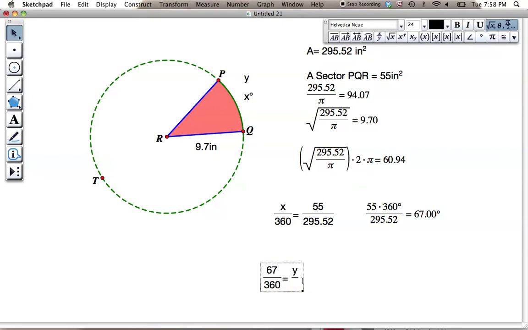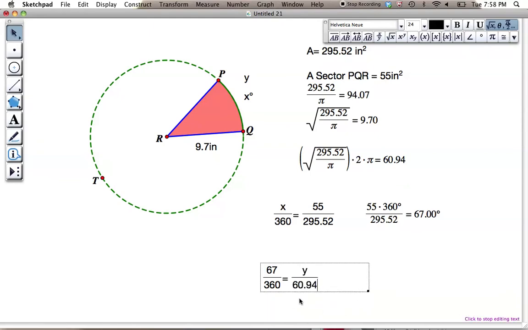So it equals arc length Y over the total length of the circle all the way around, i.e. the circumference, and the circumference we found to be 60.94. And all we need to do is solve for Y in this equation.